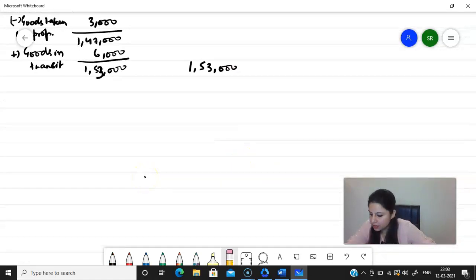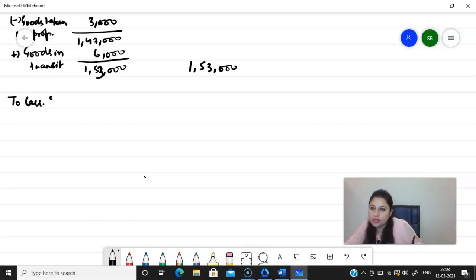Further, after the purchases, we have been given some expenses, wages and carriage inwards, which we will also be accounting for. So to carriage inwards, which is 10,000.